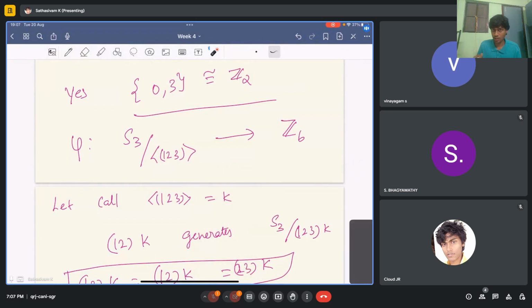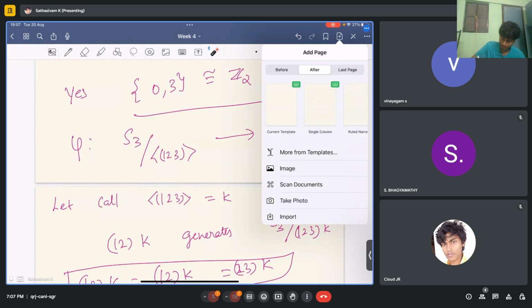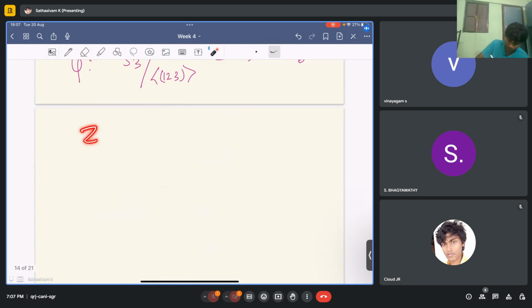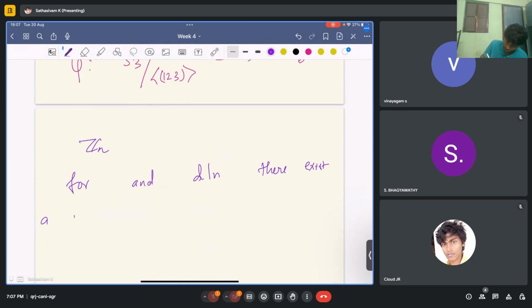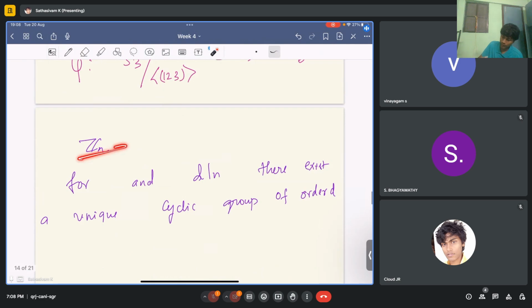So the uniqueness follows from the fundamental theorem of cyclic groups, right? The fundamental theorem of cyclic groups says the following: if you are working with Z_n, for any D that divides n, there exists a unique cyclic subgroup of order D. It classifies all the subgroups.